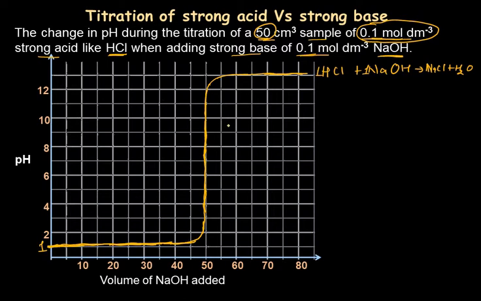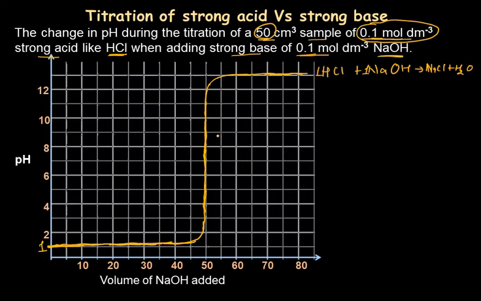Now here you can see that the equivalence point has covered a pH of a wide range, from approximately 12 pH units to 2 pH units. So now let's talk about choosing an indicator for such a pH change, or for such a titration.